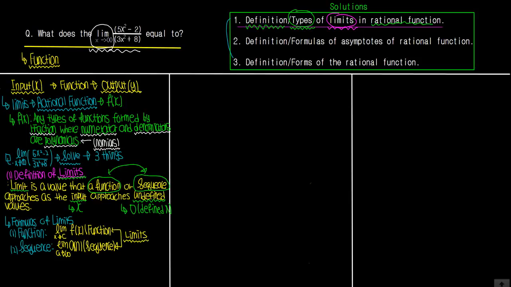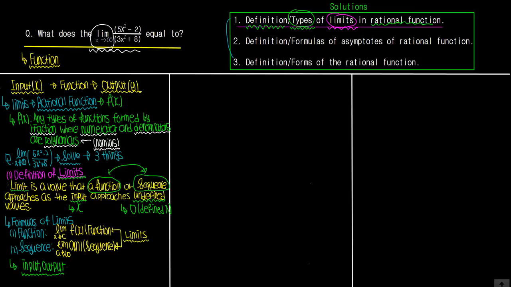The main difference between the formula for a function and a sequence is the input values and the output values. For a function, the input value is usually the x value. For a sequence, it will be numbers or values other than x.